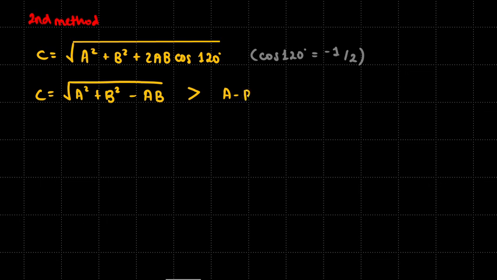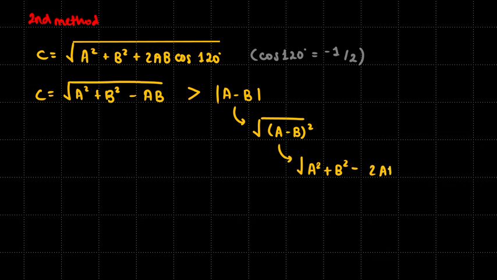So the question might be why. Because you can write A minus B as the square root of (A minus B) whole squared. Let's forget about the modulus thing right now and just look at A minus B. You can expand this to get A squared plus B squared minus 2AB, right?